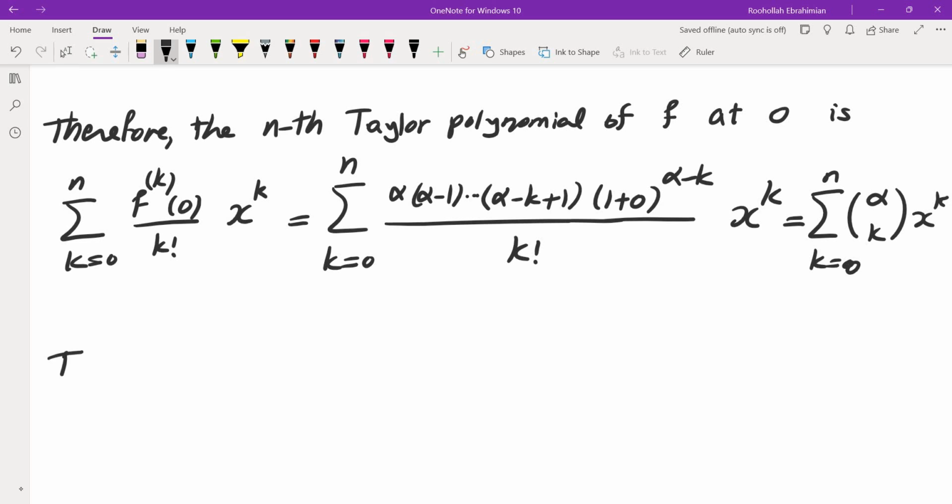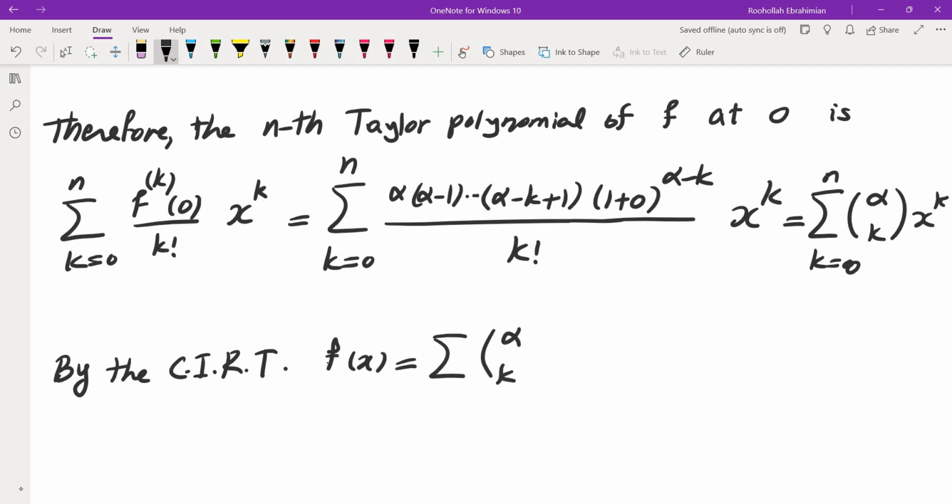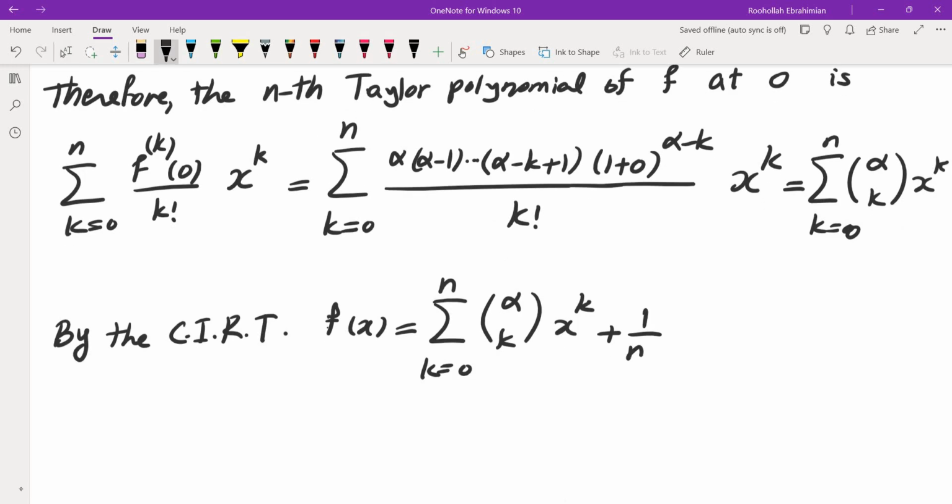So by the Cauchy integral remainder theorem, f(x) is this sum of α choose k x^k, k equals 0 to n, plus 1 over n factorial times the integral from 0 to x of f^(n+1)(t)(x−t)^n dt.